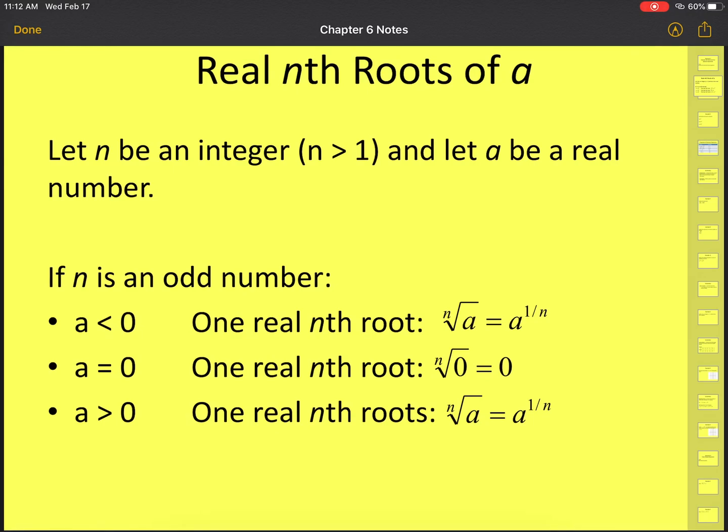Like the third root of 0 is still 0. In this case the index 3 is odd, so it's still 0. And what if your a is greater than 0 underneath that radical? Well, it's still the same thing. You've got one real nth root.